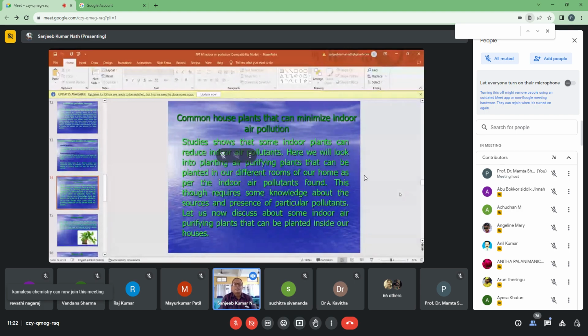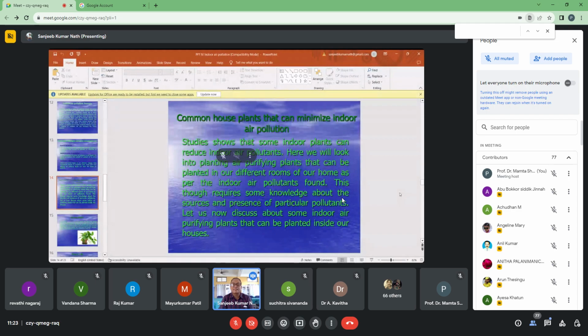Many studies show that some indoor plants can reduce air pollutants. Here, we look into planting air purifying plants that can be planted in different rooms of our home as per the indoor air pollutants found. This, though, requires knowledge about the sources and the presence of particular pollutants.